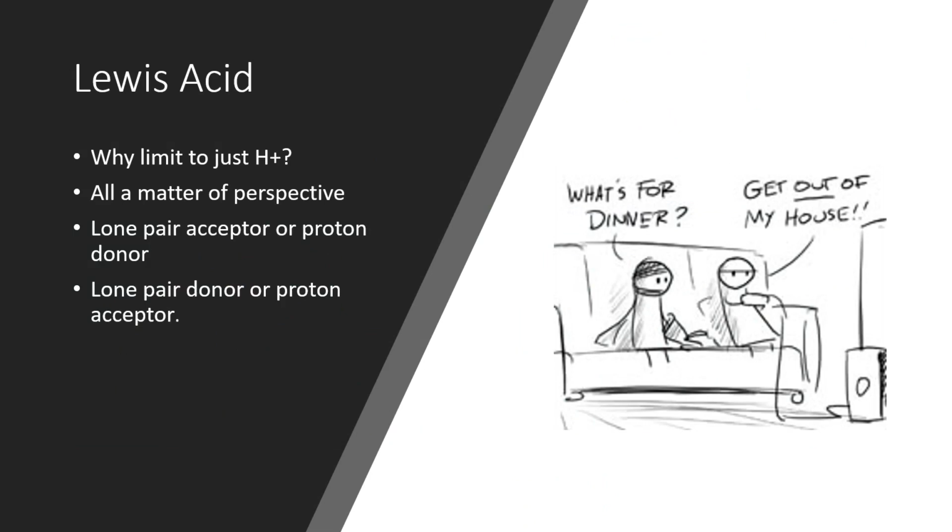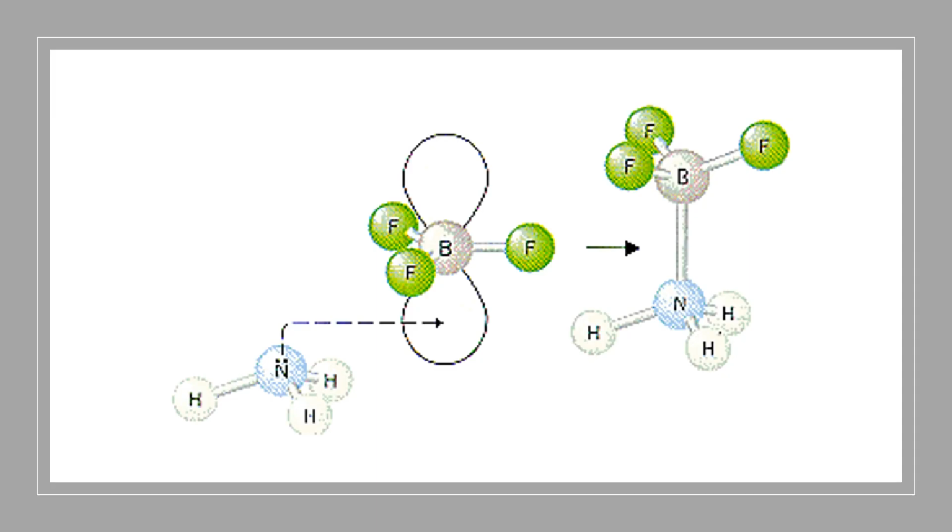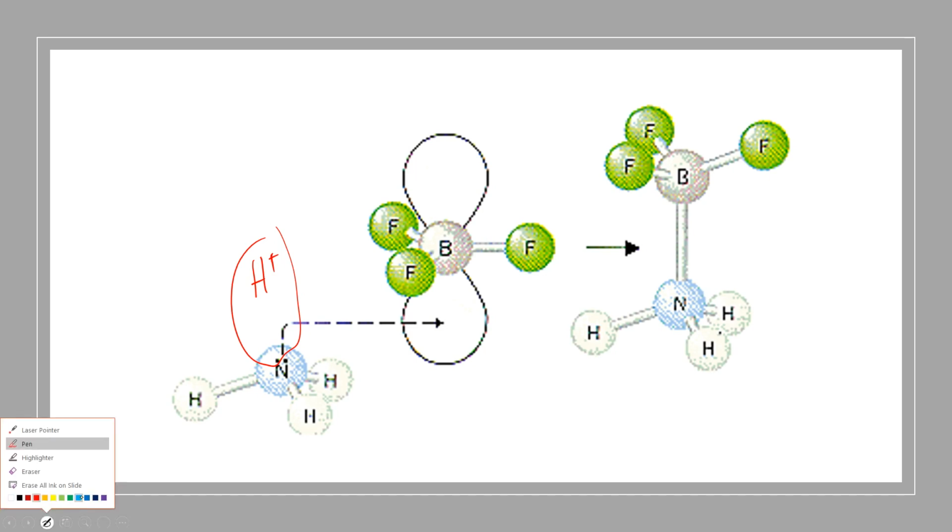All right. Last thing, Lewis acid. Lewis basically said, why is Bronsted only making it H plus? What, if anything, sort of occupies the lone pair? So nitrogen, according to Bronsted, you had to have an H plus hang out by that lone pair to be an acid. And so what Lewis said is, why does it have to be an H plus? What, if anything, takes over the lone pair of another atom and sort of gloms on?